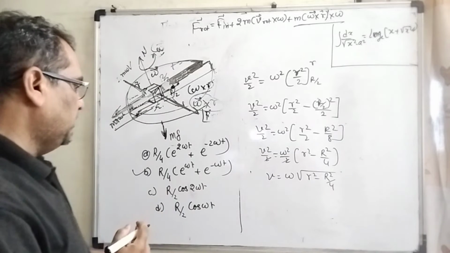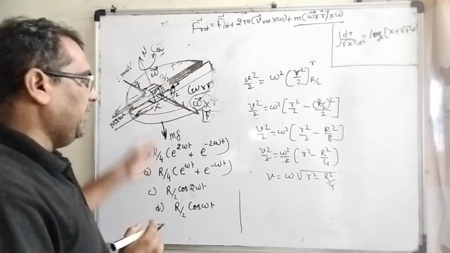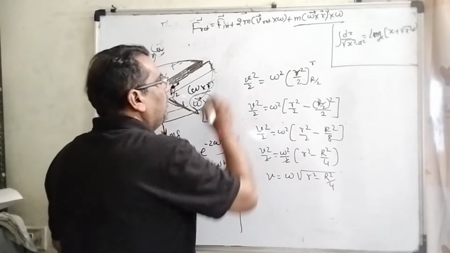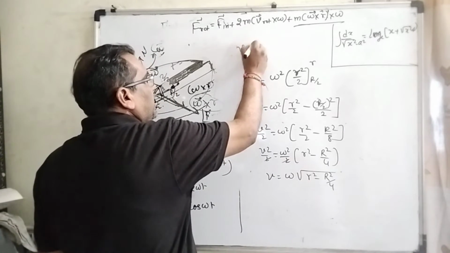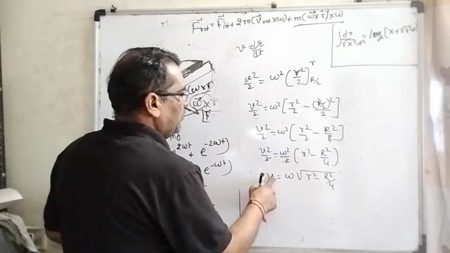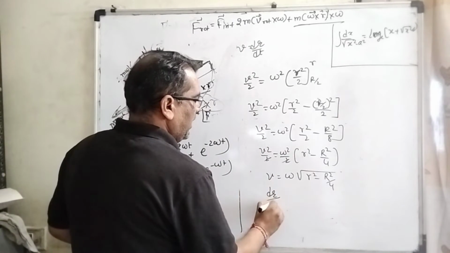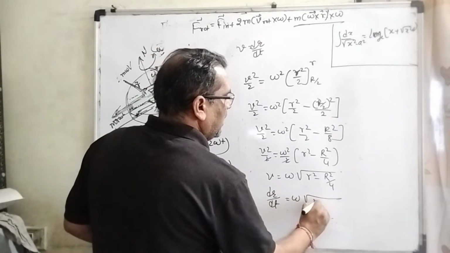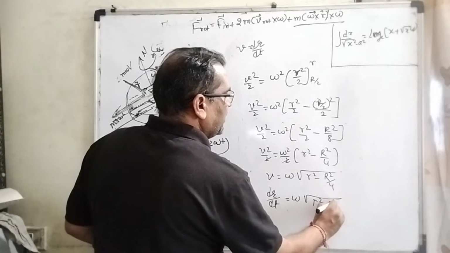Then in this question we have to find the distance, the position. So we need to convert into position vector. Then v can be written in the form of position vector as dr by dt. Substitute: dr by dt equals omega root r square minus capital R square by 4.